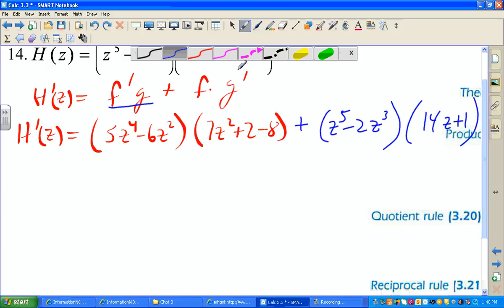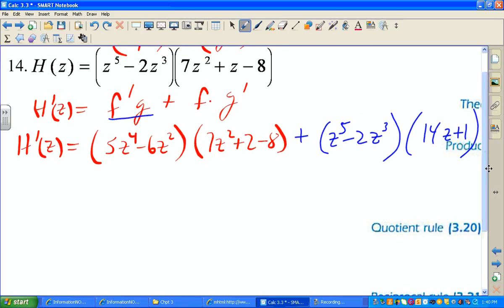Now, you need to listen very carefully to my expectations on simplifying derivatives. This one is a binomial times a trinomial plus a binomial times a binomial. Okay? I don't expect you to multiply that out because of this part right here. If it was a binomial times a binomial plus a binomial times a binomial, yes, you have to multiply that out and combine like terms.